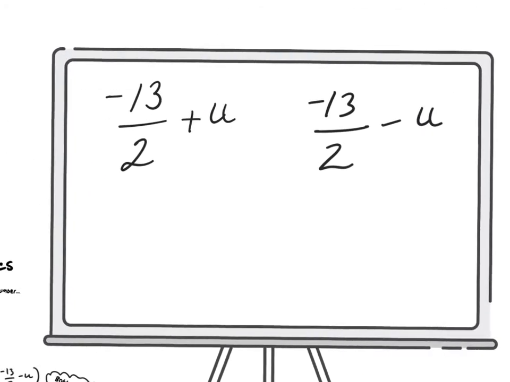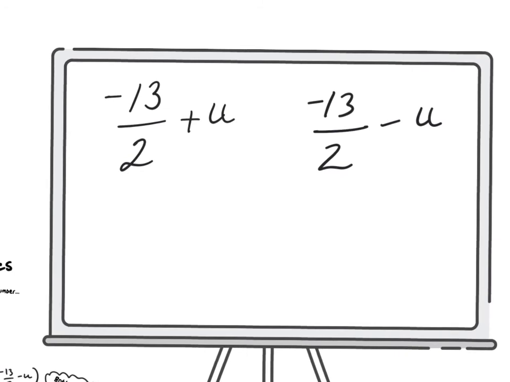So I have negative 13 over 2 plus u, and I have negative 13 over 2 minus u. So I substitute 5 over 2 and add negative 13 plus 5.